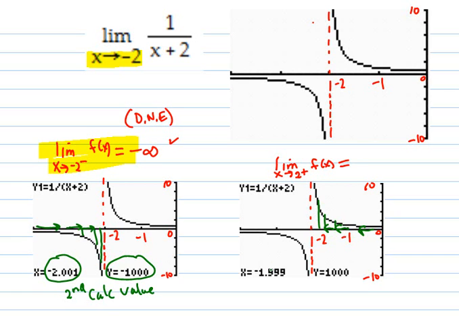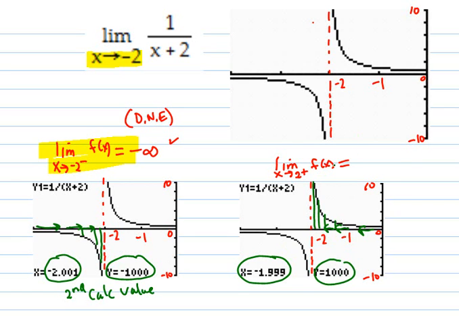And if you put in -1.999, which is just barely to the right of -2, and do a second calc value, you get 1000. So when you're almost there, you're getting a very large positive value.